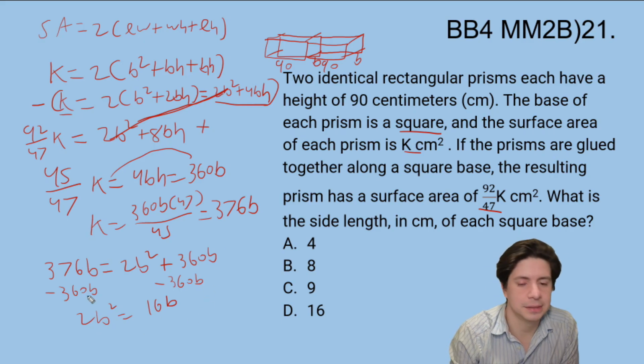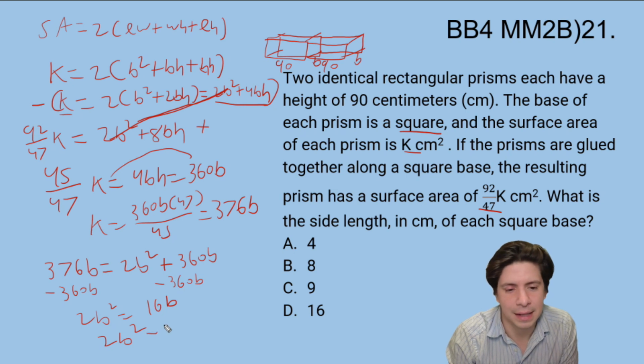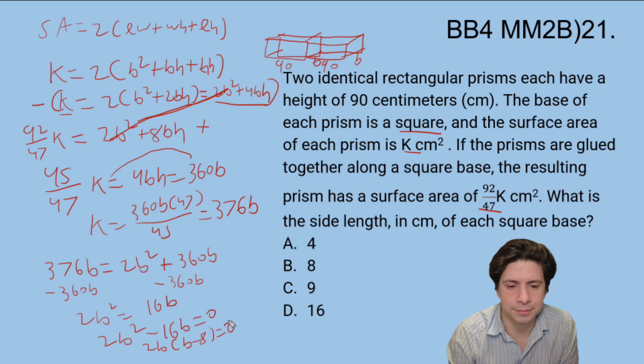Now let's subtract 16b, so we get 2b squared again, Hamlet again, minus 16b equals 0. So factor out the 2b, and we get 2b times (b minus 8) equals 0.